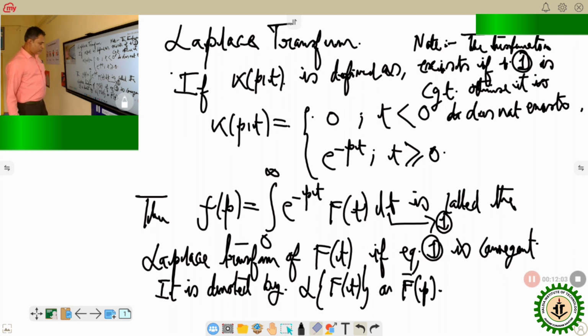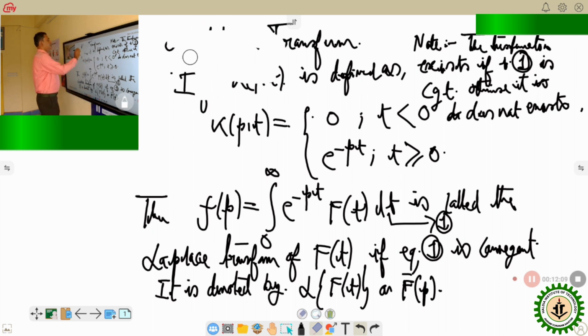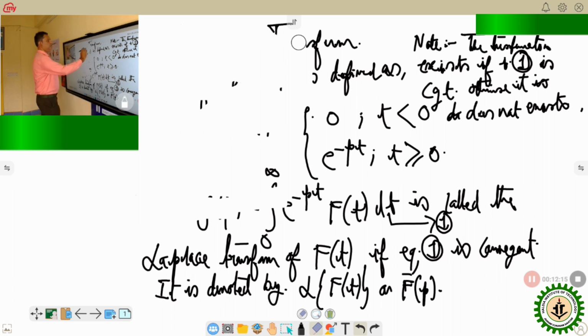Now we will move to an important property of Laplace transform, which we call the property of linearity. Laplace transform actually satisfies the linearity property.